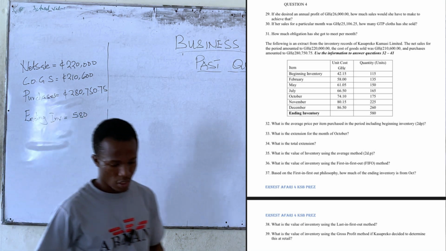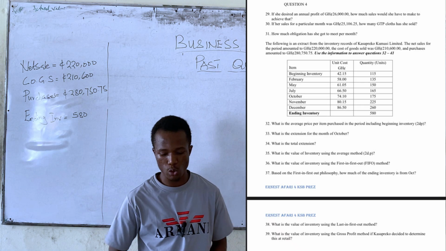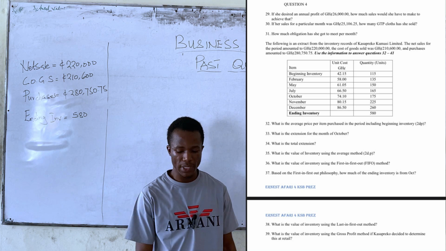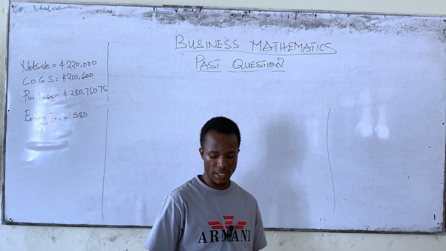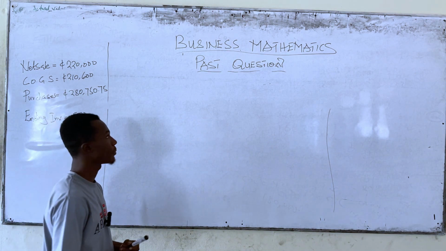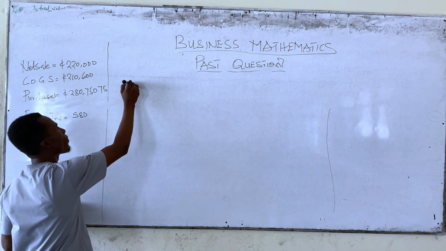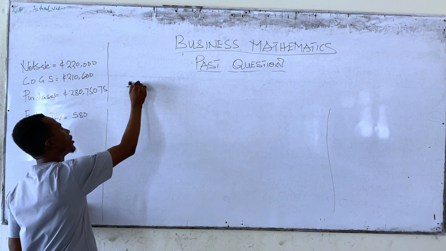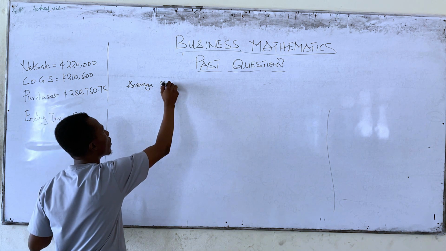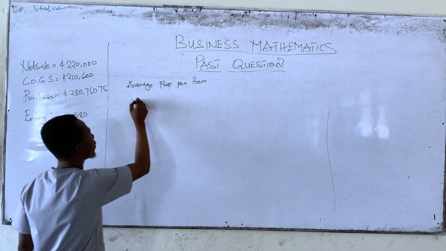Okay. So what is the average price per item purchased in the period, including beginning inventory? You should take it to two decimal places. So now how do you get the average price per item? It's very simple.